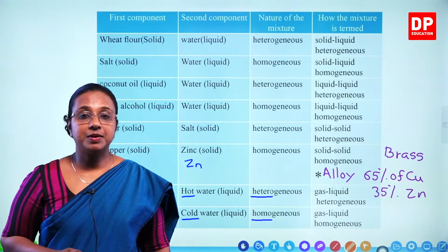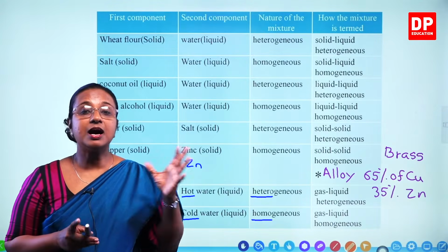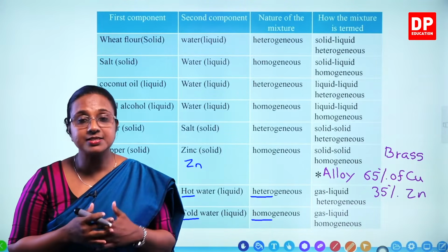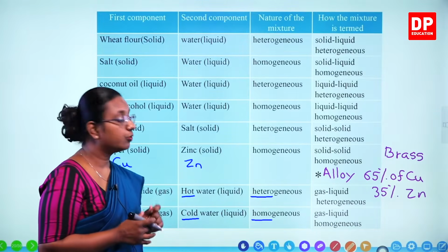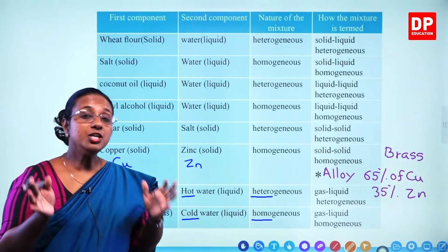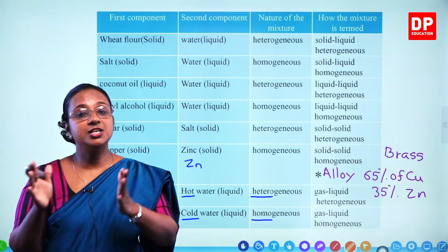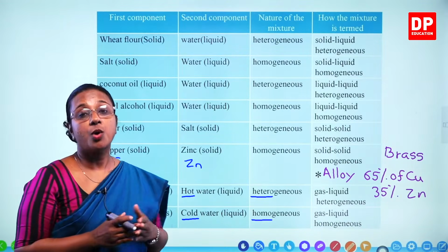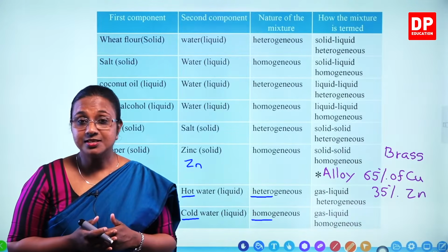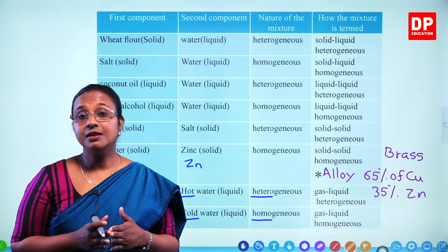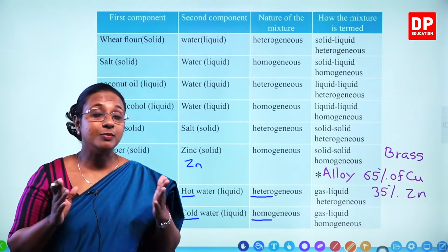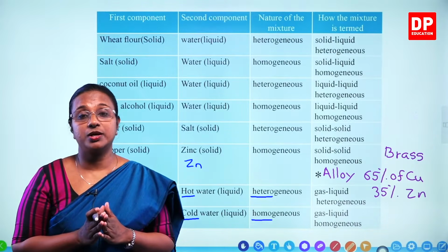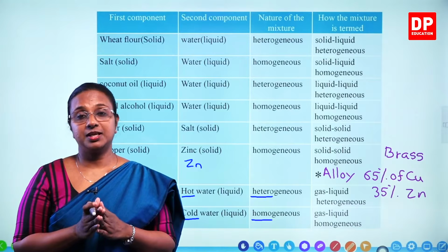Why does this happen? Normally, carbon dioxide can mix very well with cold water. There, you cannot differentiate the dissolved carbon dioxide separately from water. We have discussed this in your grade 10 biology lesson when we discussed the properties of water, the good solvent property.